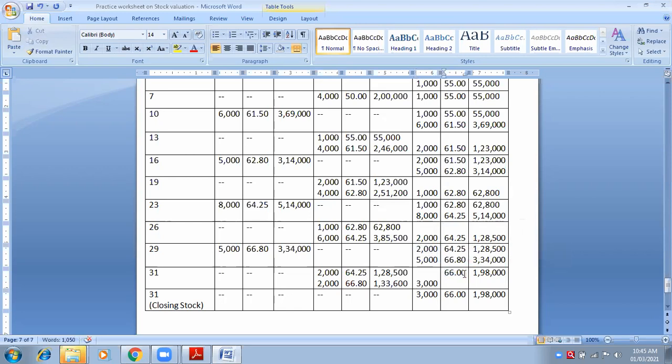This 3,000 at 66.80: 3,000 multiplied with 66.80 gives 2,04,000, that is 2 lakh 4 thousand rupees. Now the closing balance is just copied down. Closing balance on the 31st: closing stock 3,000 units, rate 66.80, and the amount 2,04,000.